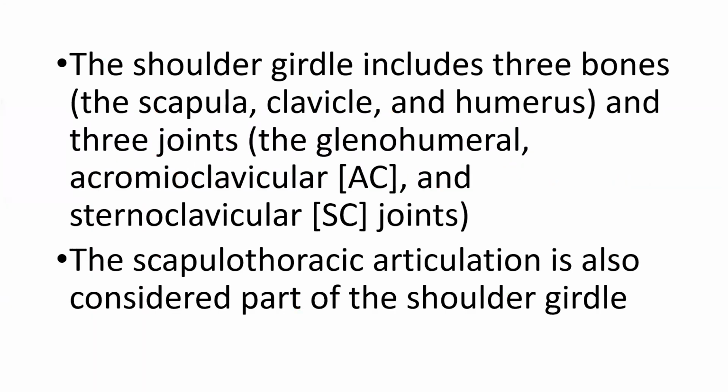The shoulder girdle includes 3 bones: the scapula, the clavicle, and the humerus, and 3 joints: the glenohumeral, the acromioclavicular, and the sternoclavicular joints. The scapulothoracic articulation is also considered part of the shoulder girdle.